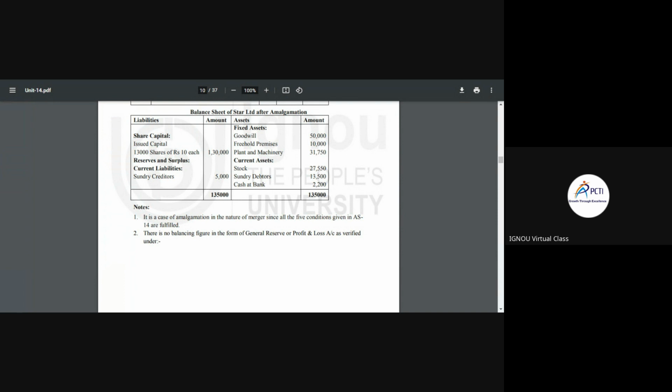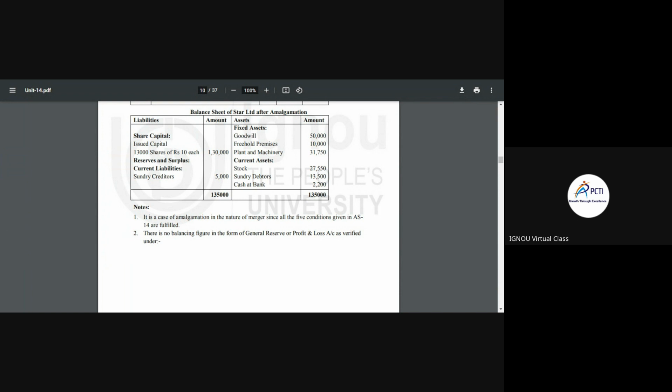On the asset side, fixed assets: goodwill 50,000, freehold premises 10,000, plant and machinery 31,750. Then current assets: stock 27,550, debtors 13,500, cash at bank 2,200.